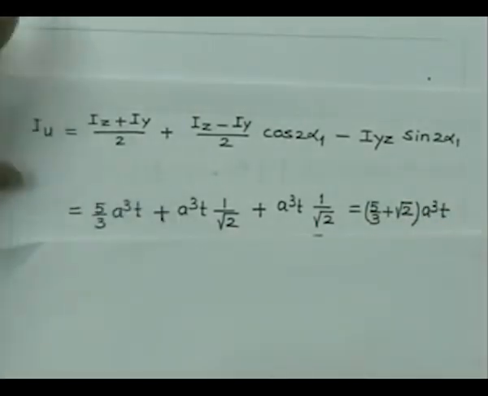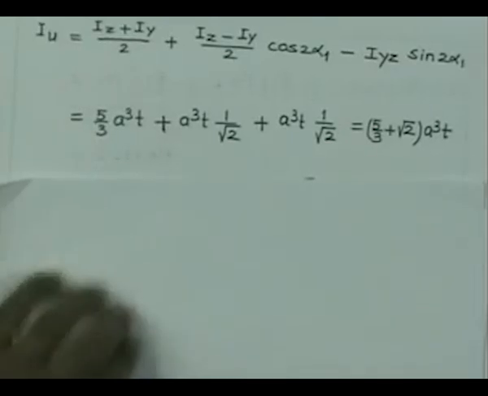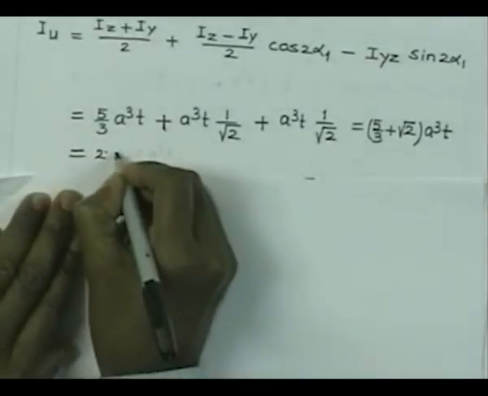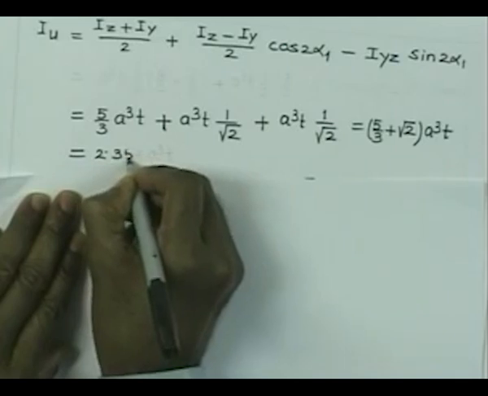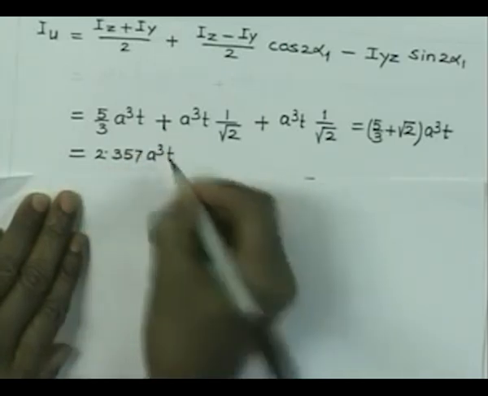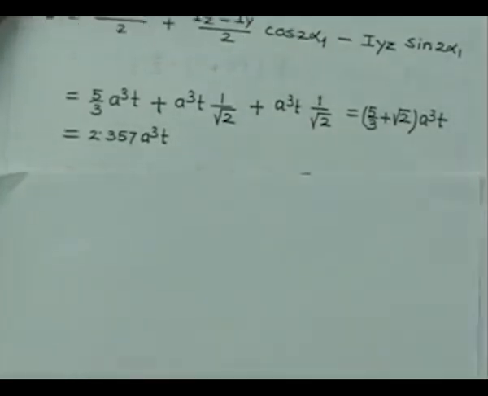So, that is the moment of inertia I U, and this gives you a value equal to 2.357 a cube t for I U.